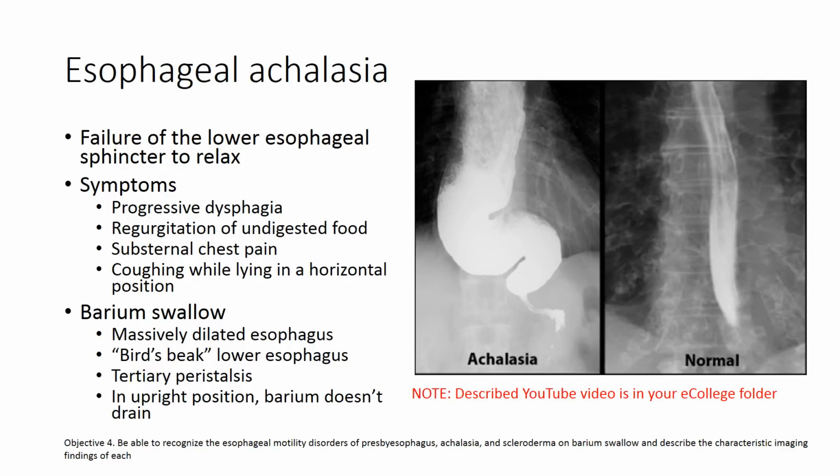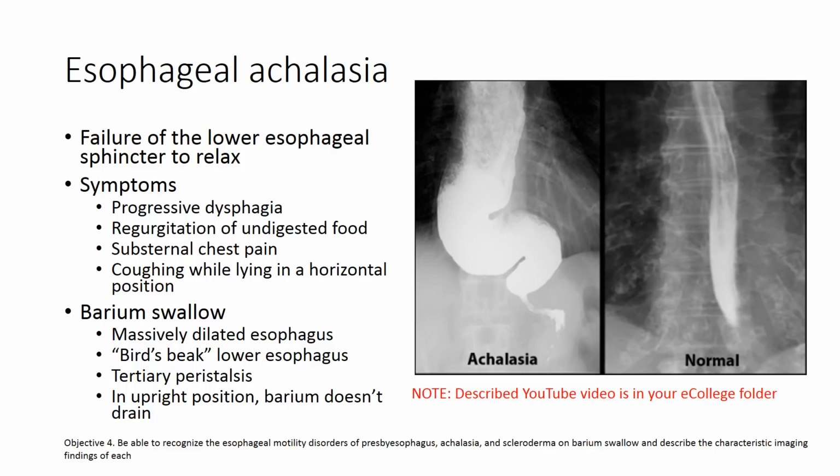Significantly, if we stand the patient upright, we still can't get barium through the lower esophageal sphincter. Normally, with a fluid, as barium is, it's a liquid, the barium sulfate, if we stand the patient up, gravity, even if there's no peristaltic contractions at all, should take the barium through the esophagus into the stomach.